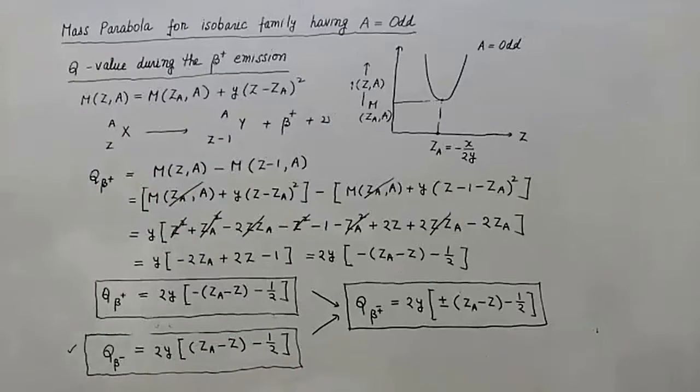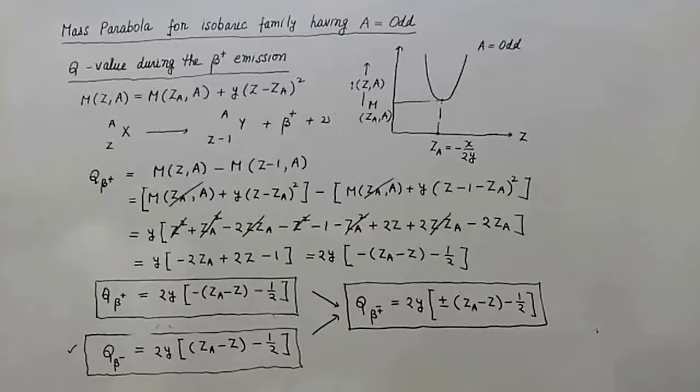So in this way we have found the most stable nuclei. We have discussed the mass parabola for an isobaric family having A equal to an odd number. For example, we have taken an example of the A equal to 73 isobaric family.